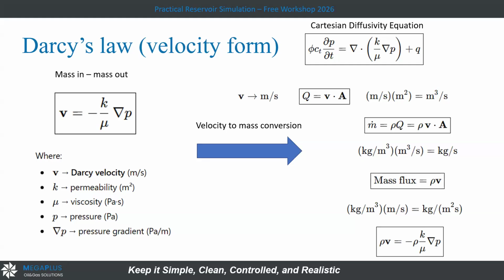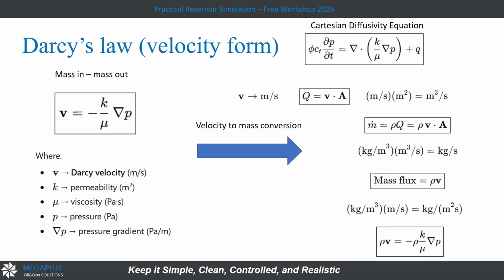Darcy's law, we all know, or you must have known Darcy before this workshop, of course. Darcy said that the rate equals permeability times area times delta P, the difference in pressure, over the viscosity and delta x, the difference in distance.